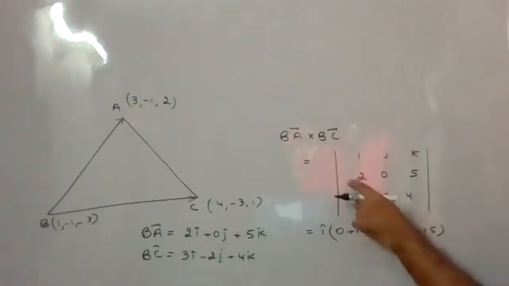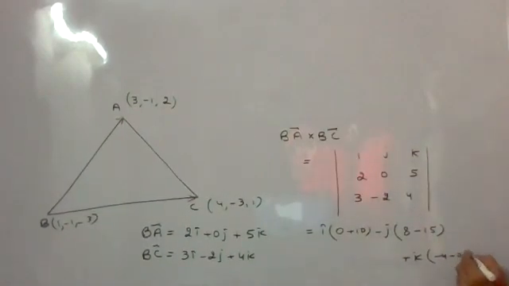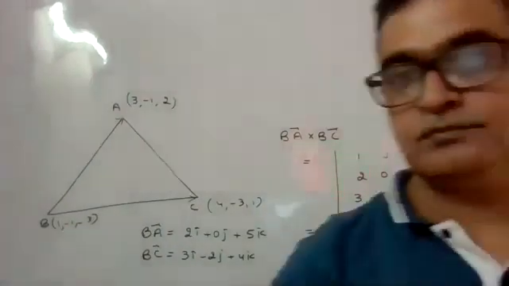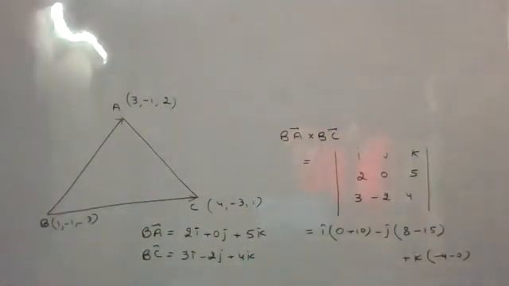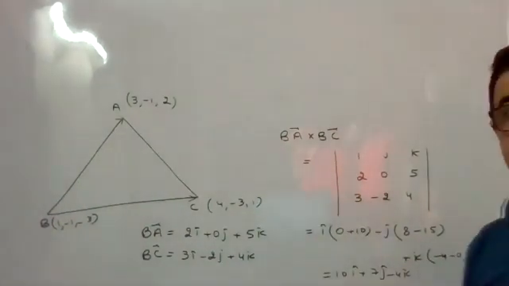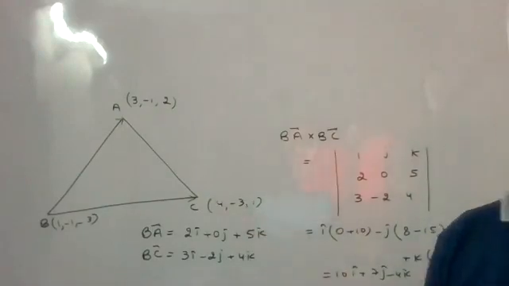Leave this, it will be minus 4 only. So what will this come out to be now? It will be 10i. And then minus of 7, so plus 7j, and then minus 4. And now you know how to get the unit vector. Please find out the unit vector of this, you will get your answer.